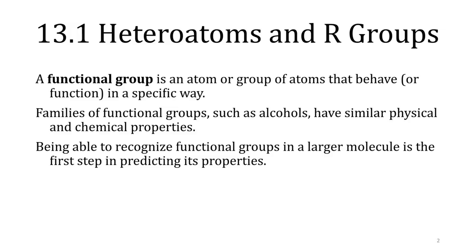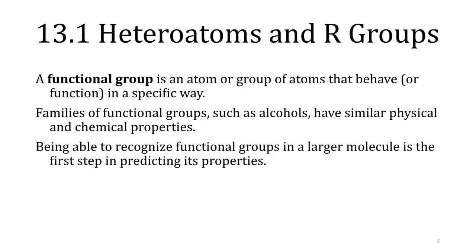So to begin with, we start off with the idea of heteroatoms and alkyl groups. A functional group is an atom or a group of atoms that has a certain set of properties. And it turns out that families of functional groups, like alcohols, which have an OH group on them, tend to have similar physical and chemical properties.